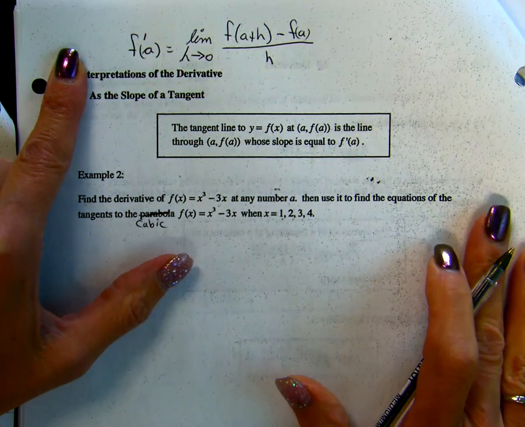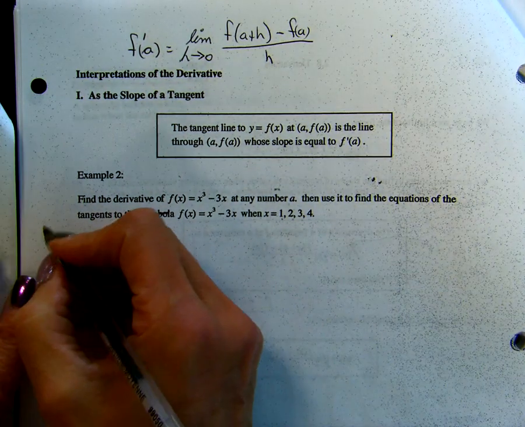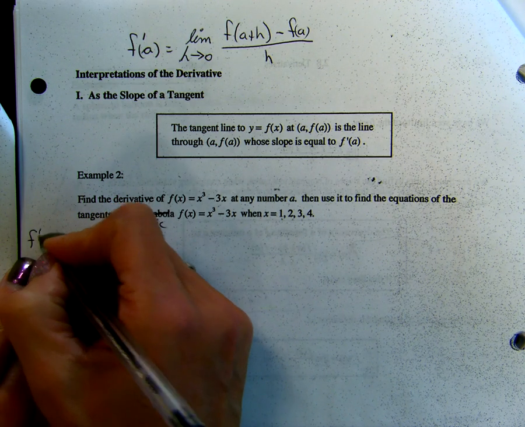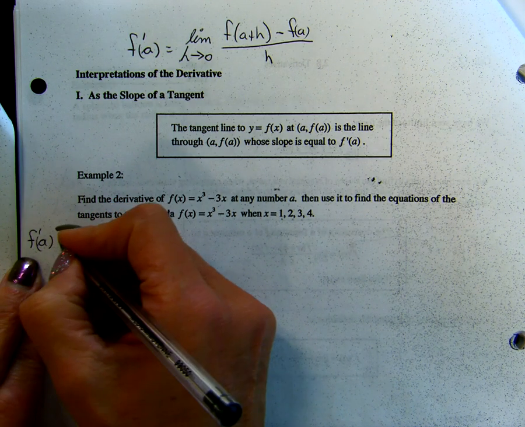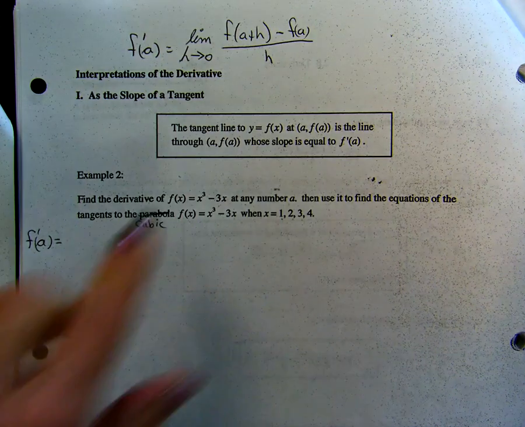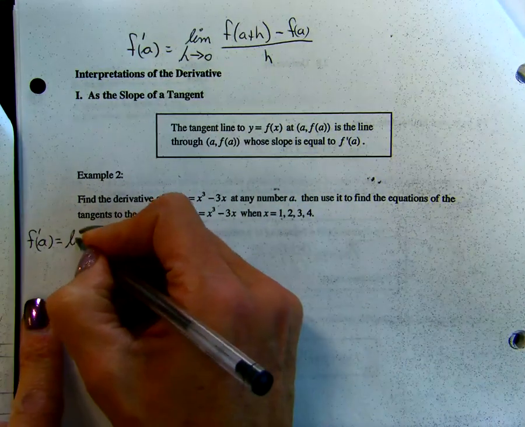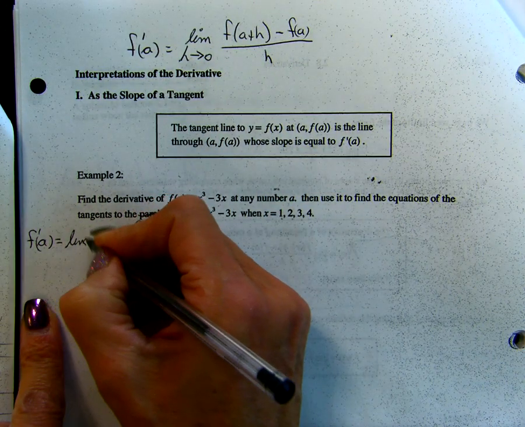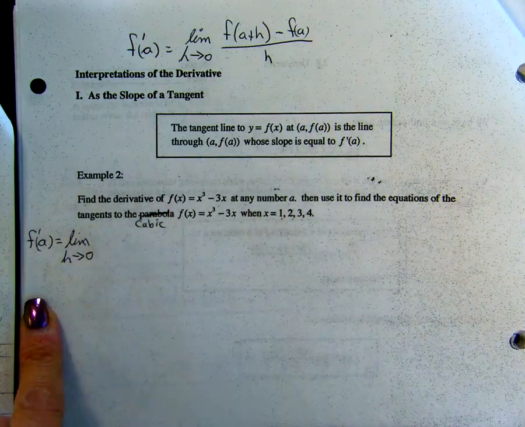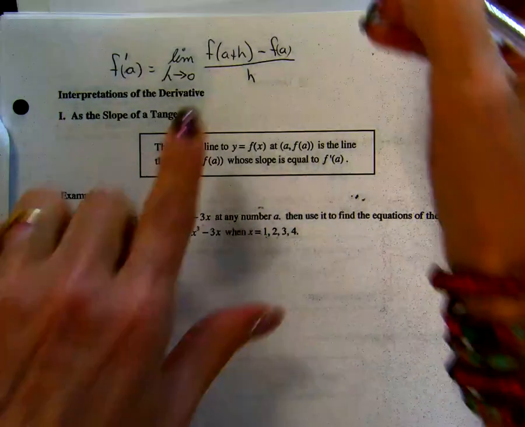Okay, so that's f prime at a. So f prime at a is going to equal the limit as h approaches 0.